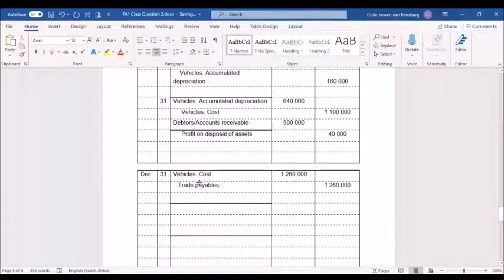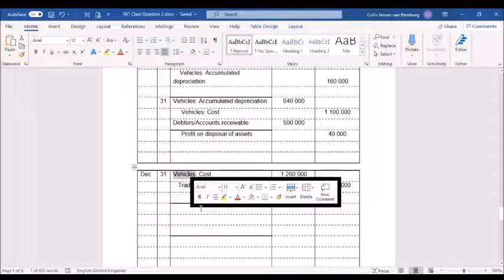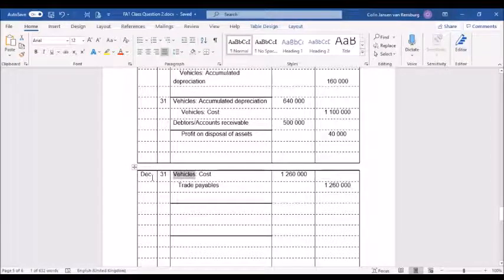Here we see we debited vehicles cost and we credited trade payable. So that can only mean one thing. That is the acquisition of a new vehicle, a new item of property, plant and equipment that was recognized on that 31st of December.